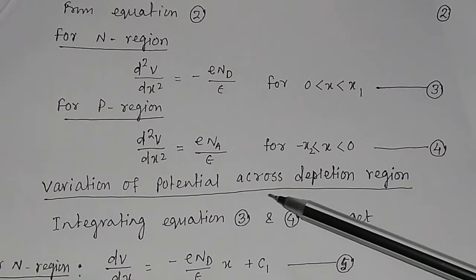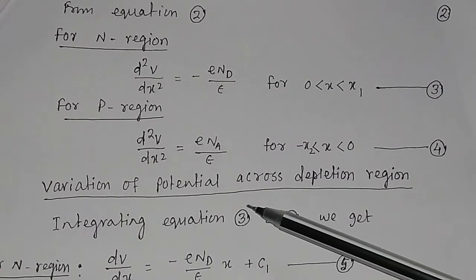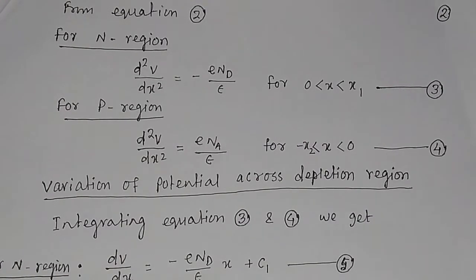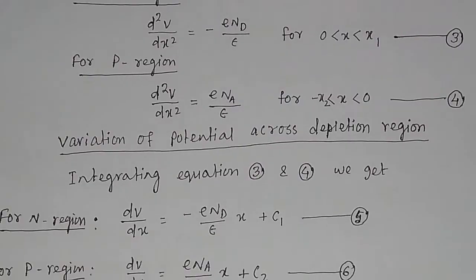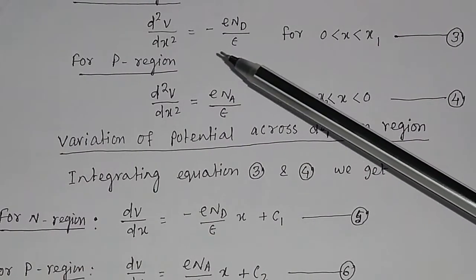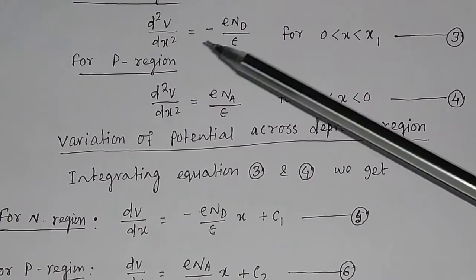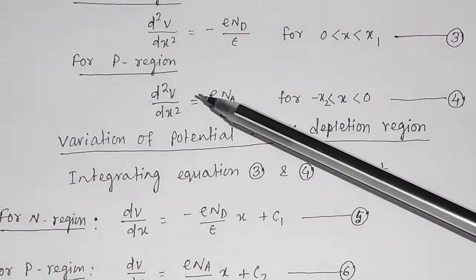Now we will derive the expression for the variation of potential across the depletion region. To find the variation of potential across the depletion region, you have to integrate equation 3 and equation 4.